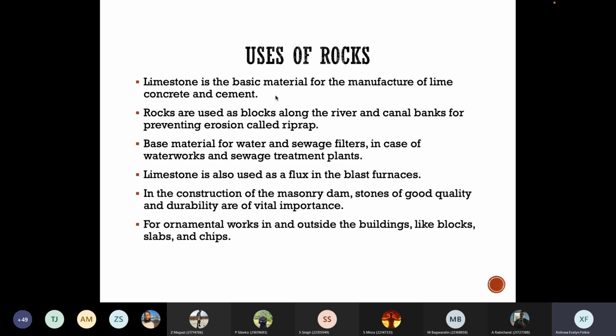When we go into details on the properties of soils, different characteristics, and different types of soils, and why one type of soil reacts in this way when mixed with water but the other does not, what causes that? It will be based on the minerals present in that particular type of soil. That's why this chapter was important, and that's how it feeds into the other chapters as well.